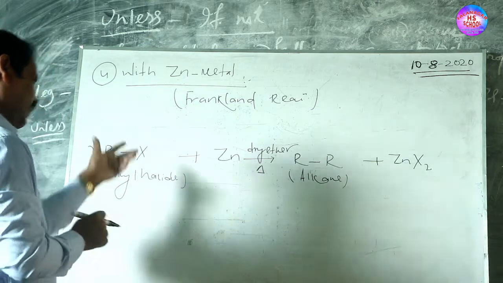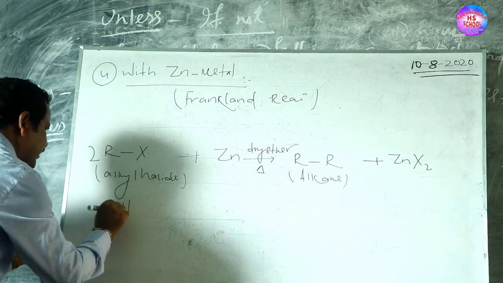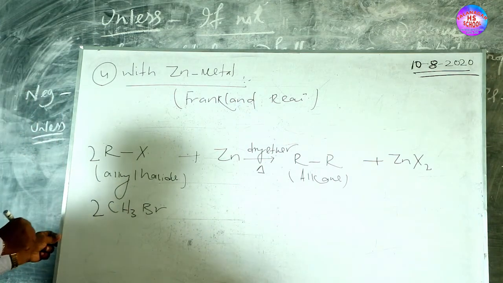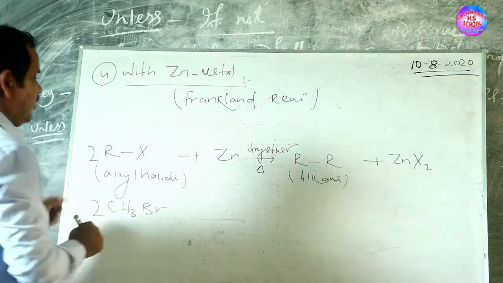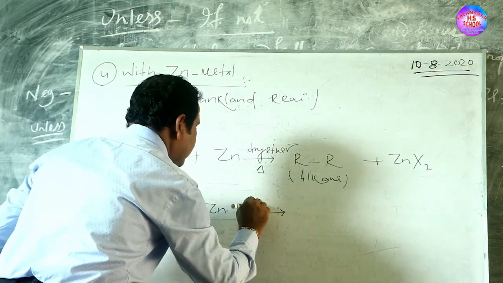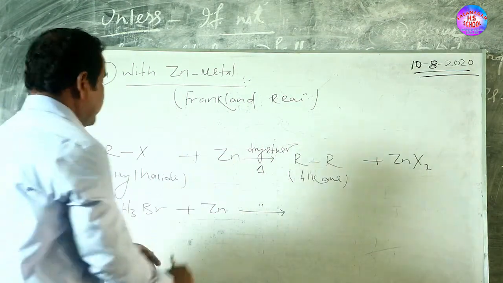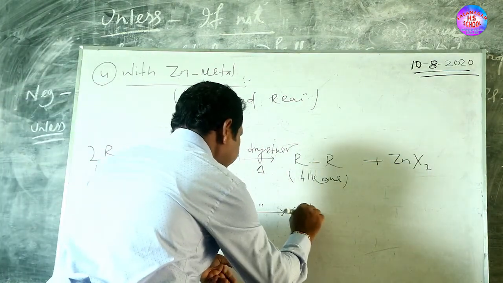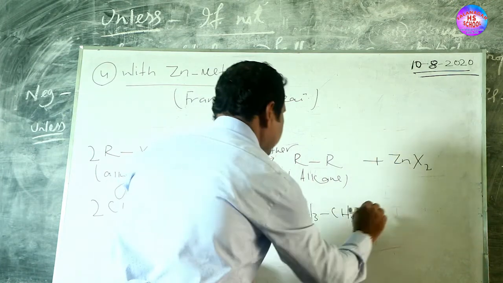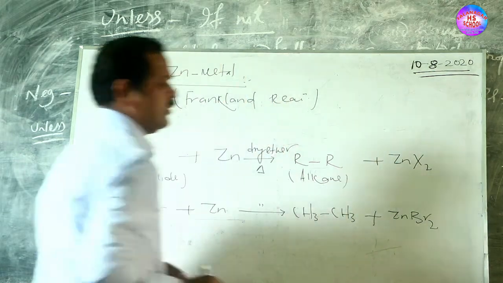If we put R equal to methyl group, methyl bromide, two molecules, CH3Br plus zinc metal under the same condition, gives CH3 single bond CH3 plus ZnBr2, zinc bromide.